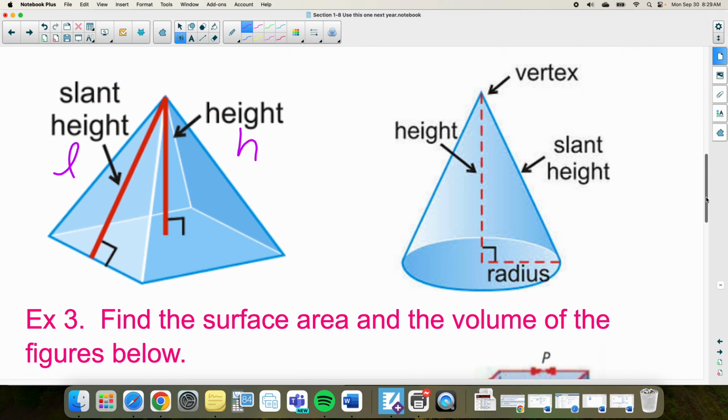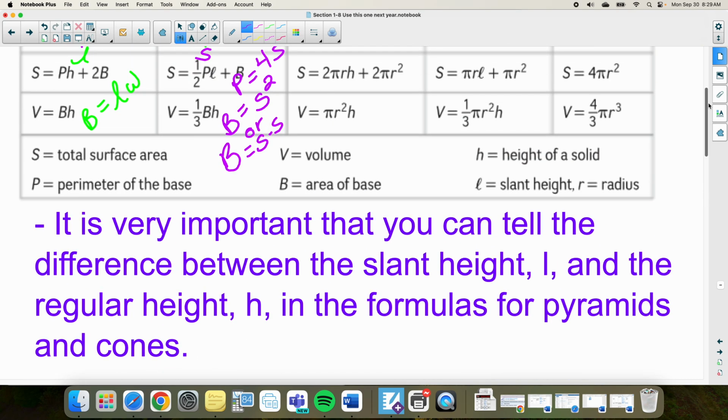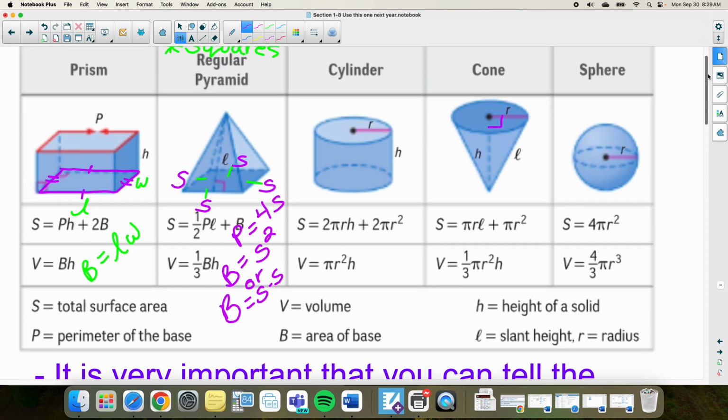The straight up and down height is H. This slanted height is your L. And then if we go back up here, we're gonna also be looking at possibly some spheres, and these are the formulas for that, okay?